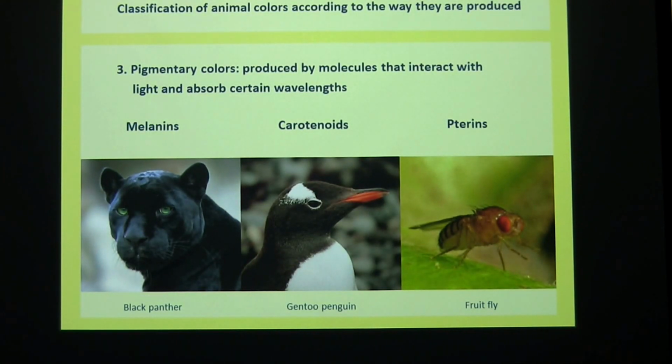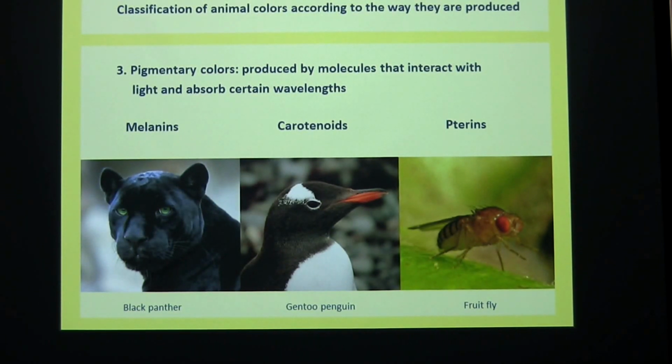There are also pigmentary colors, which are produced by some molecules called pigments that interact with light and absorb certain wavelengths. There are many different types of pigments, but the most common groups of pigments in animals are melanins, carotenoids, and pterins.